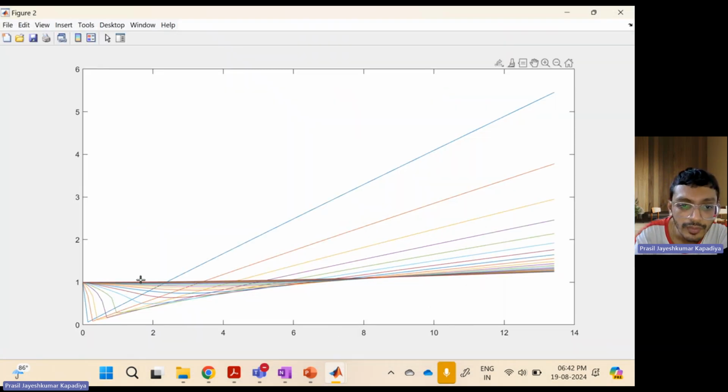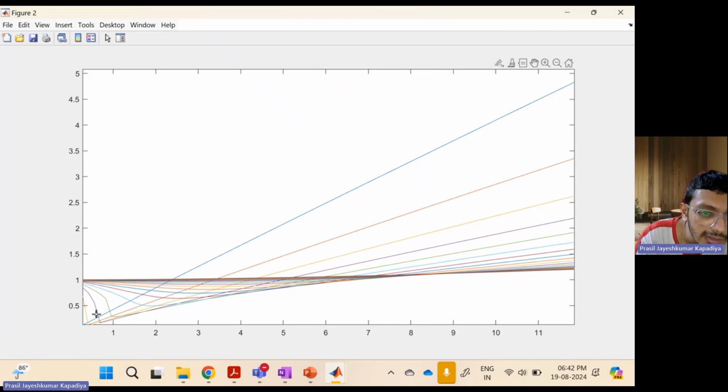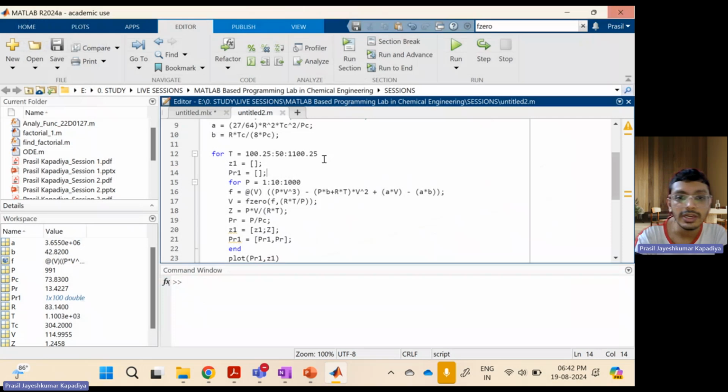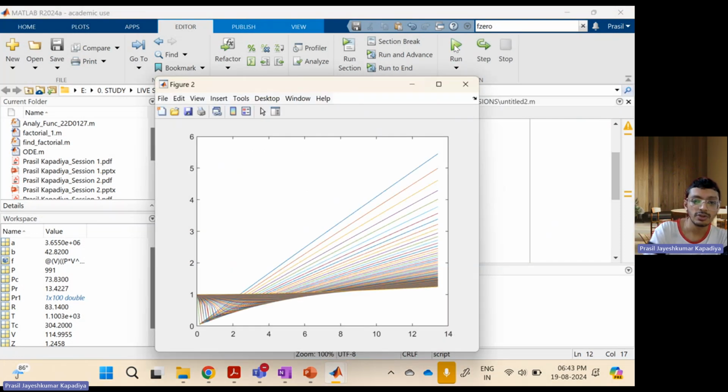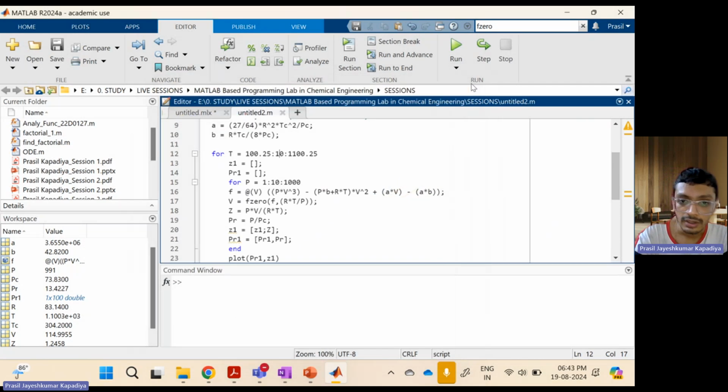So this is how your compressibility factor chart looks. See, if I zoom in here, there is no proper curvature. So what we need to do is reduce the step size. But as I reduce my step size, this code will be extremely slow. See, so it has improved.